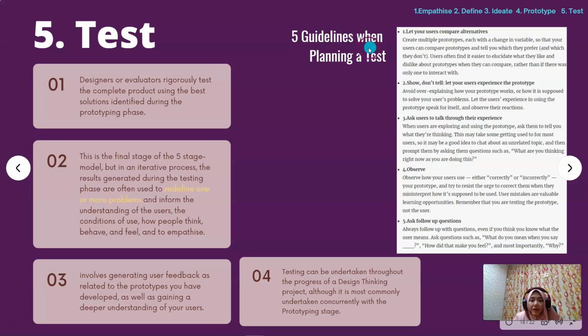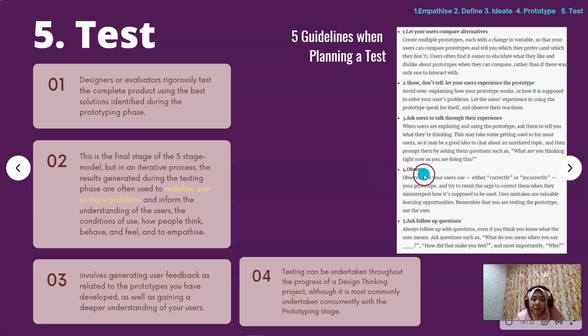So these are the 5 guidelines when planning a test. Number 1, let your users compare alternatives. Number 2, show and don't tell, let your user experience the prototype. For example, you want to propose a WhatsApp application and test it, so you just give it to the user and let the user try, and then let them comment on the application itself.